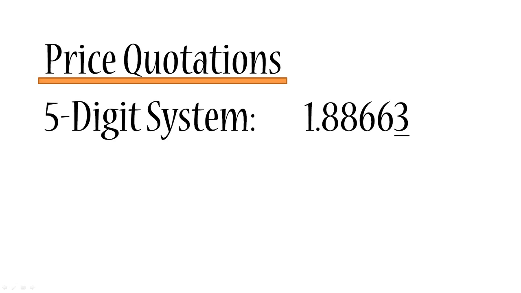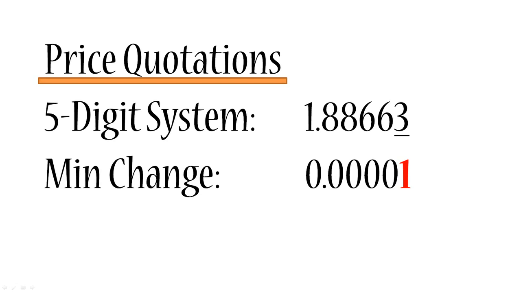So here, that quotation we were talking about for British pound, Australian dollar, 1.8866, is now actually more precise, and it's 1.88663. So now the minimum change this currency pair can experience is actually 0.00001. So 10 to the power of -5.